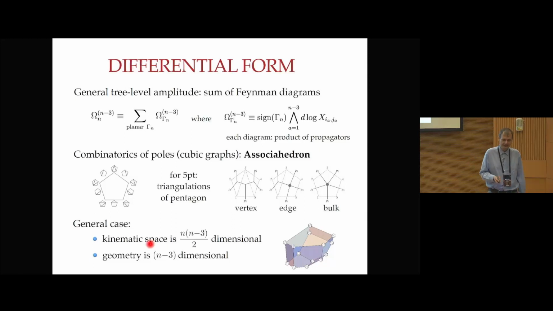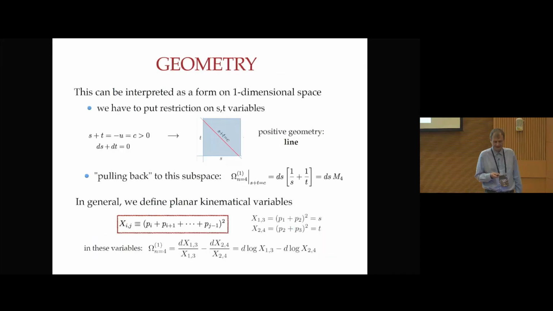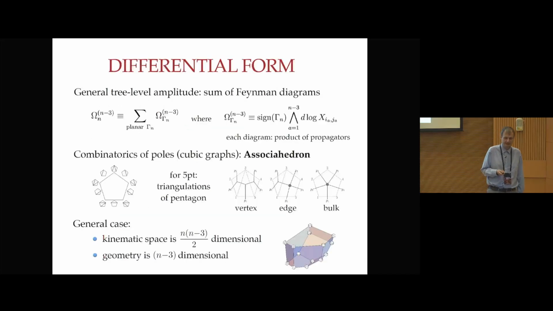And this n minus 3 dimensional geometry is exactly given by the associahedron. So what is the associahedron? For the simplest case, this was a line segment, a one-dimensional geometry. For the next case, for 5-point, it's a pentagon. There are several ways to define what the associahedron geometry is.